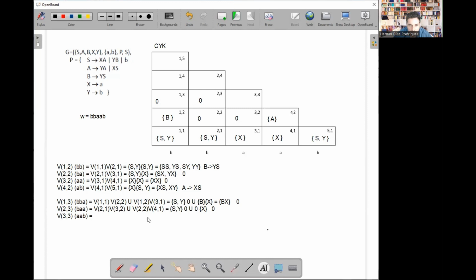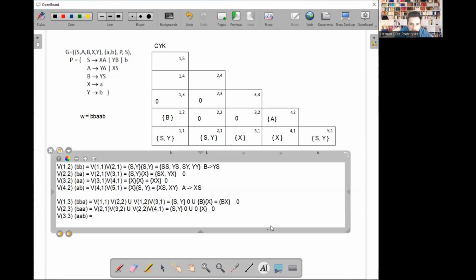So, as we mentioned, it could be like generating the first character and then the other two, or generating the first two characters, and then the last one.